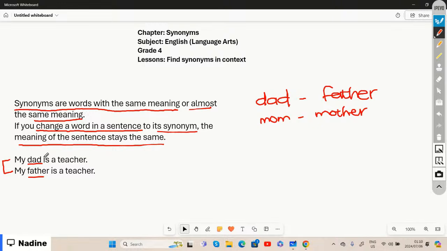You still see that the meaning within that sentence is still the same. Because whether you say my dad is a teacher or my father is a teacher, father and dad are synonyms, which means they are basically the same in meaning, so the sentence stays the same. Even if we say my mom is a teacher or my mother is a teacher, the sentence would still be the same.